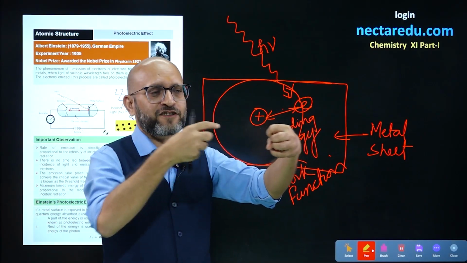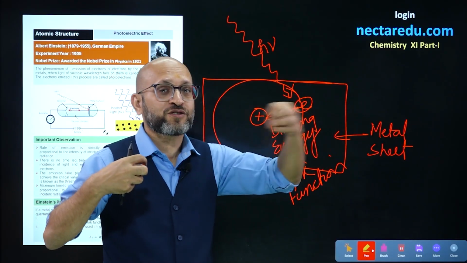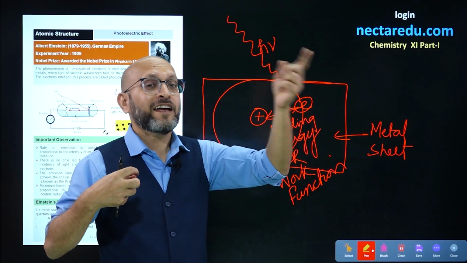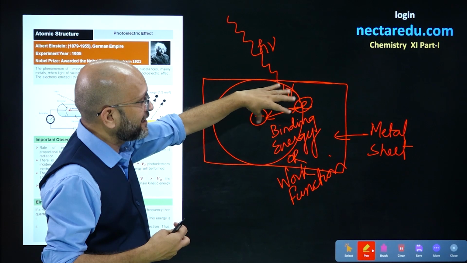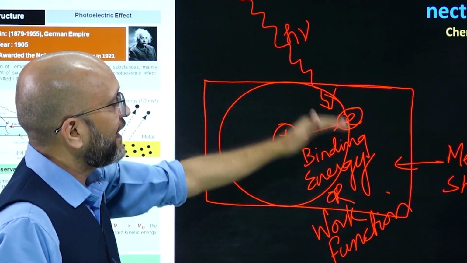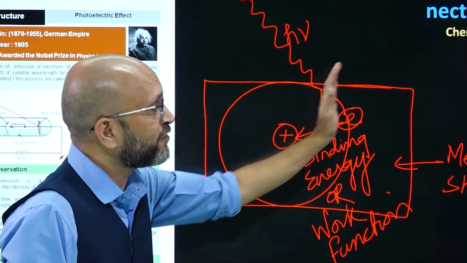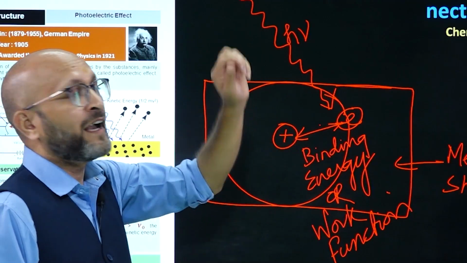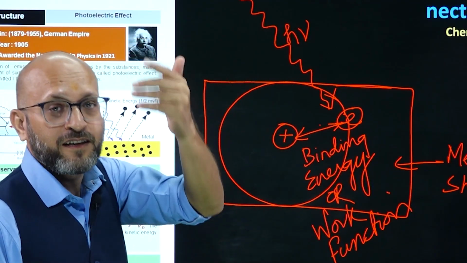If the energy we give to the electron is greater than the attraction, then it will be removed. If you give energy greater than the binding energy or work function of the metal, then the electron will be removed. If you give energy lesser than the binding energy, then the electron will not be removed.